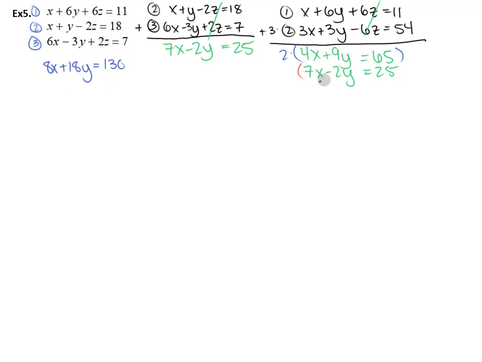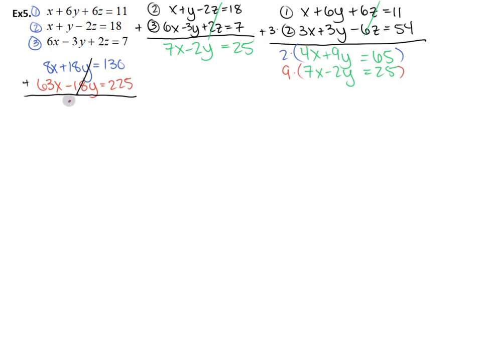Okay, my second equation here, we would need to multiply by 9 to get that negative 18y. So 9 times 7 is 63x minus 18y, and 9 times 25 is 225. Okay, so here's my 2x2 system set up to eliminate y.